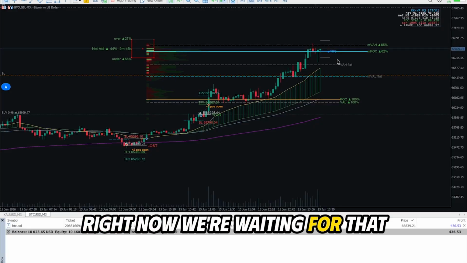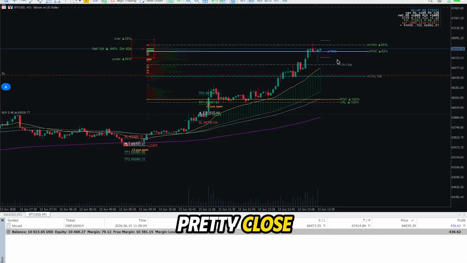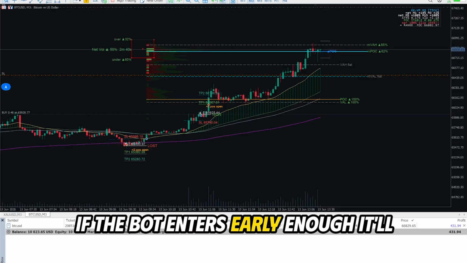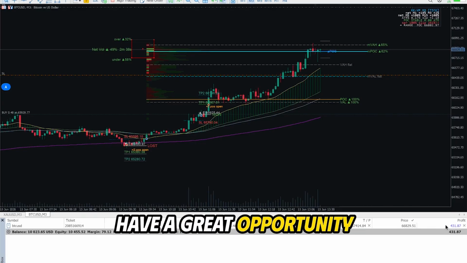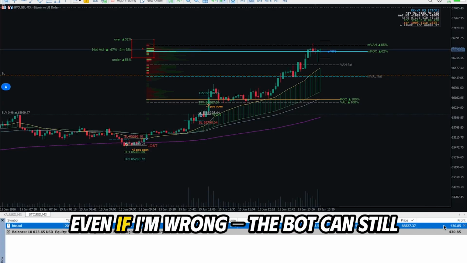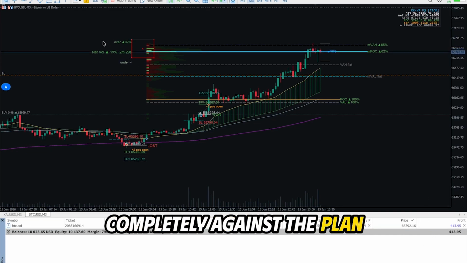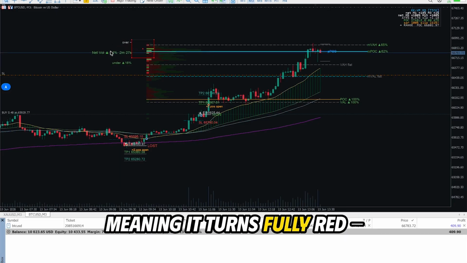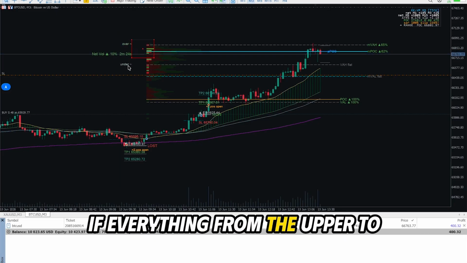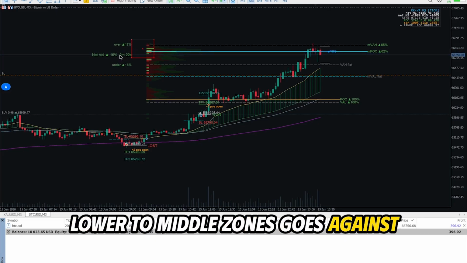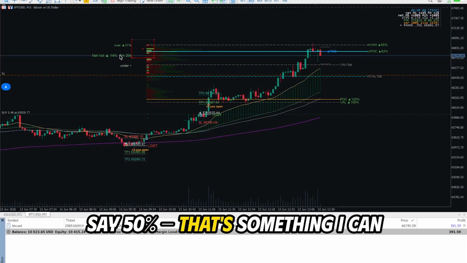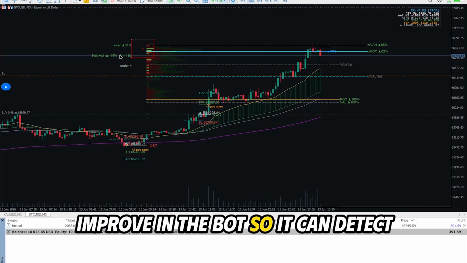Right now, we're waiting for that opportunity, but it's getting pretty close. If the bot enters early enough, it'll have a great opportunity. Even if I'm wrong, the bot can still close here when volume goes completely against the plan, meaning it turns fully red if everything from the upper to lower to middle zone goes against the prediction, red all the way to say 50%.